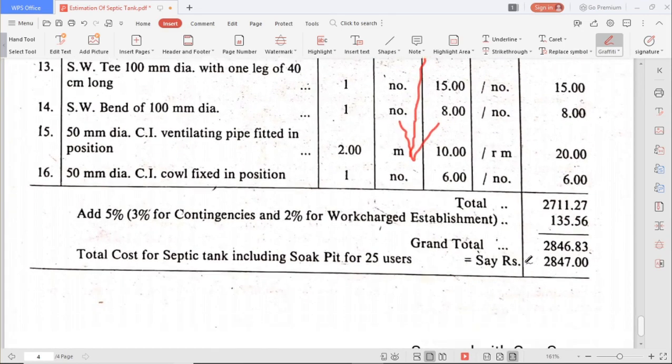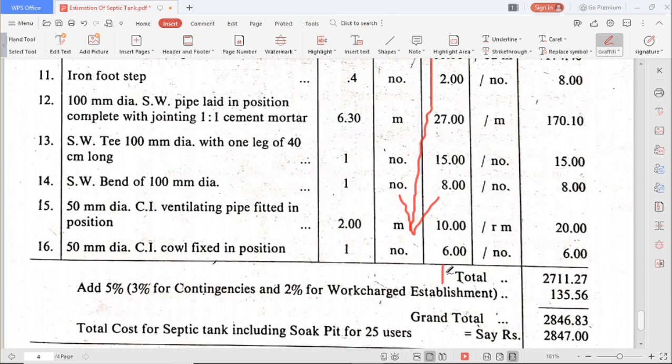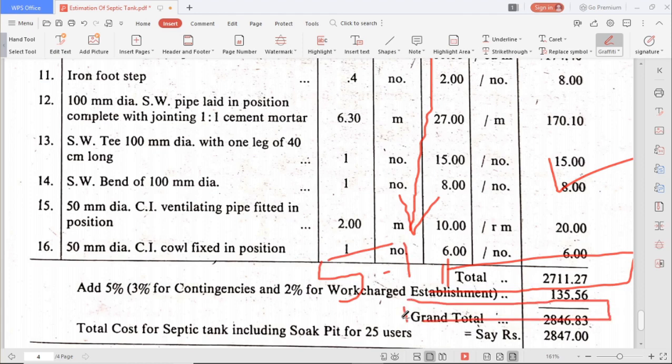So multiply and estimate the cost, and we get a total here. For that total add 5% contingencies, and we will get the grand total as 2846.83 rupees.